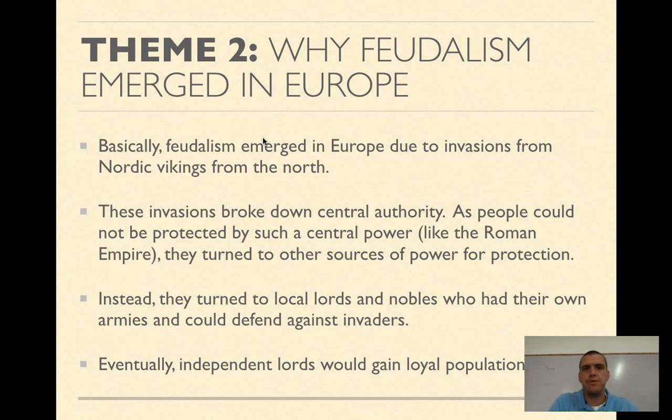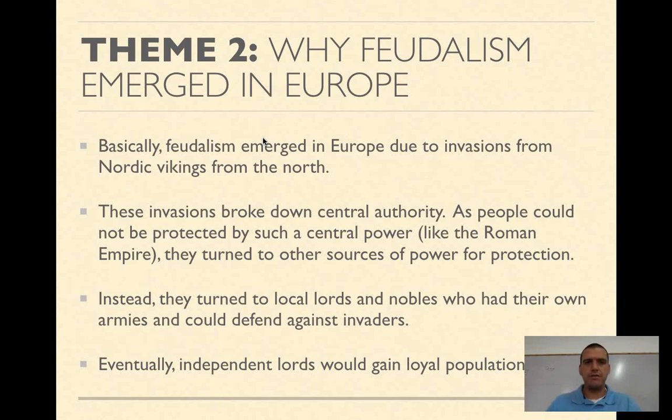Okay, so theme 2. We have something called feudalism. We know what it is now, so why did it emerge in Europe? This is where we have to link it back to our previous lesson. Feudalism emerged out of these Germanic and Nordic invasions that came from the north. If you remember, in section 1, we talked about how these Germanic tribes ended the Roman Empire.